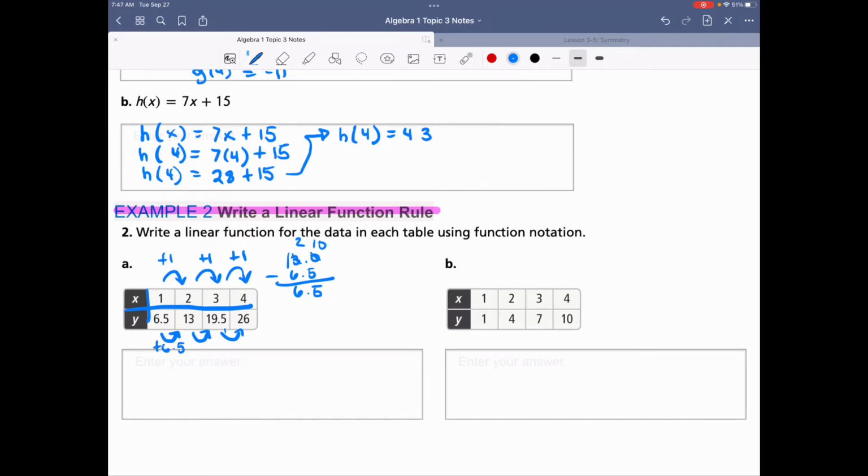From 6.5 to 13, we added by 6.5. So we double the first value. And from 13 to 19.5, we also added by 6.5.